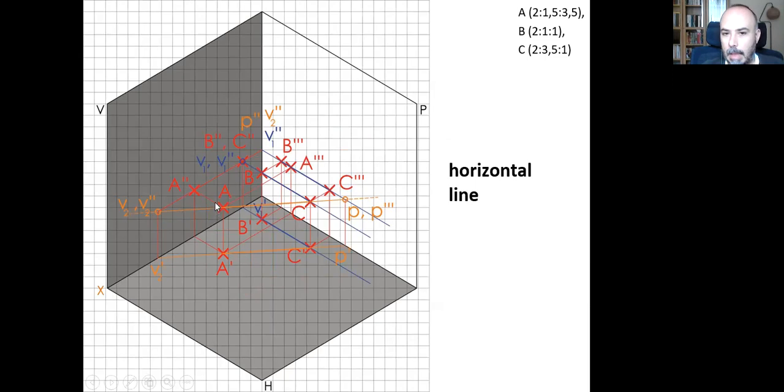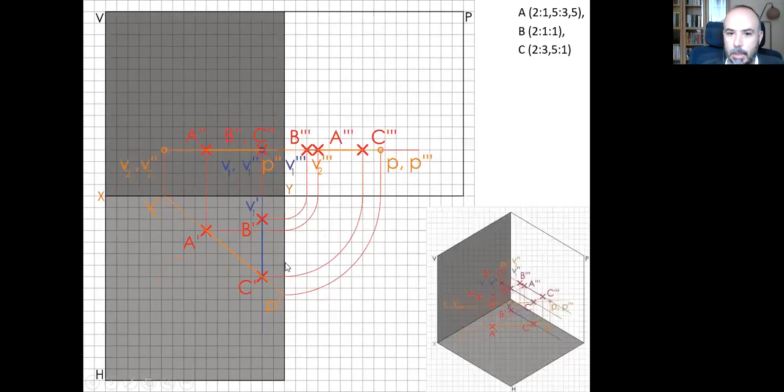And when we combine A and C, we see that we created a horizontal line with its two traces and their projections. So this is what we need to do. We need to draw this line and name it like this. Since we already have one lowercase v, we can name this as the second lowercase v and its projections.